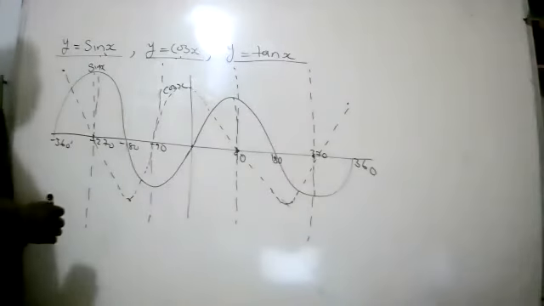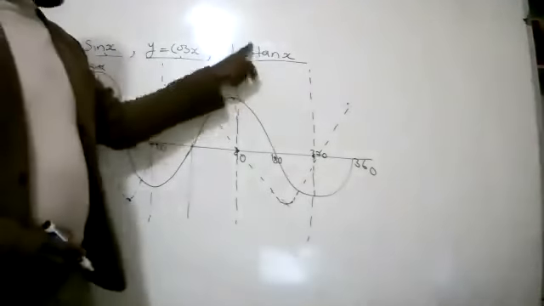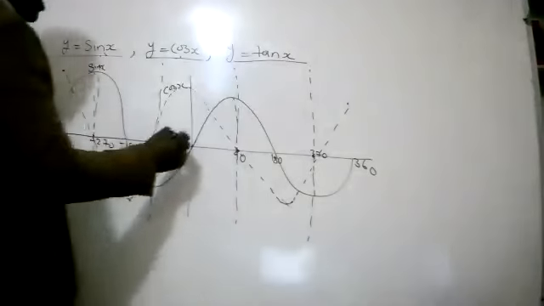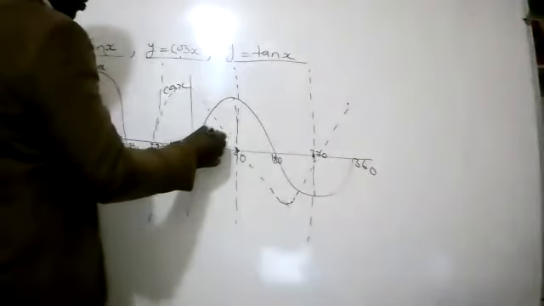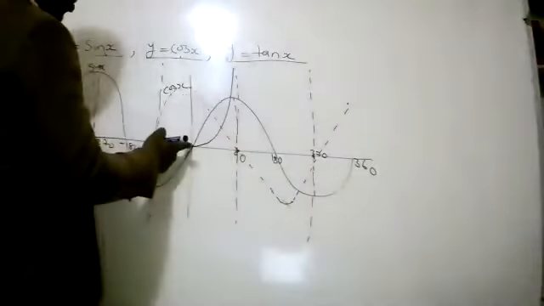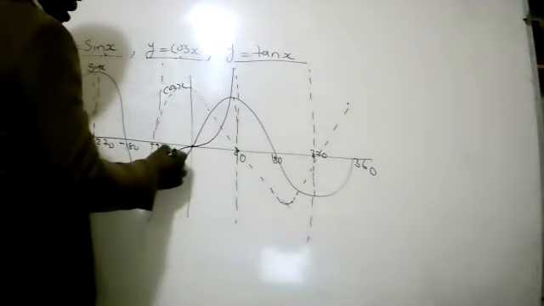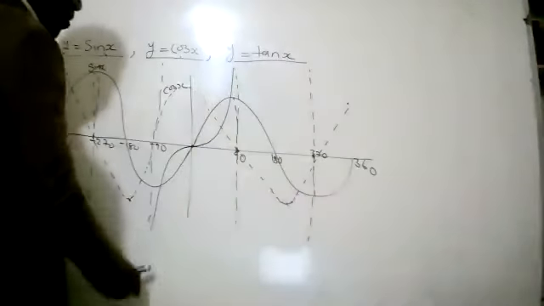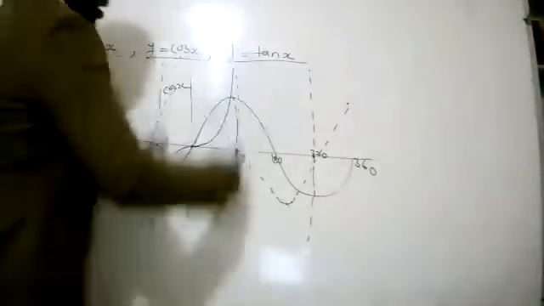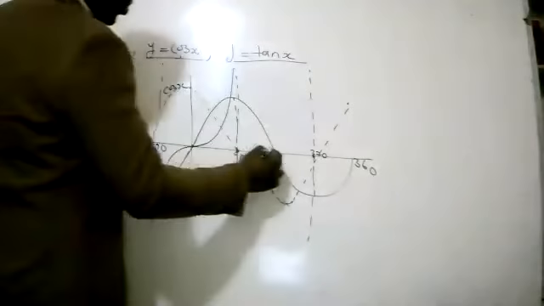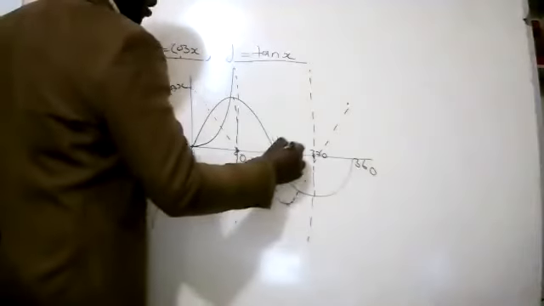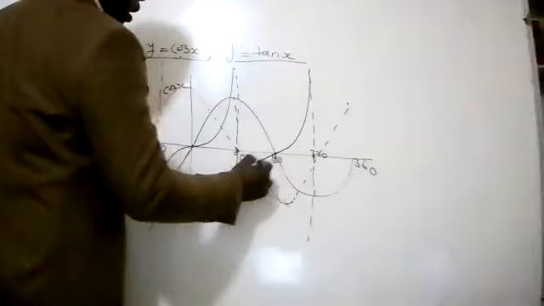So these are the asymptotes. When you have a positive value there, the tan graph is going to be presented this way. So it goes to infinity here, and it doesn't touch the asymptotes. Same here, it goes this way, and then down here it goes like that.